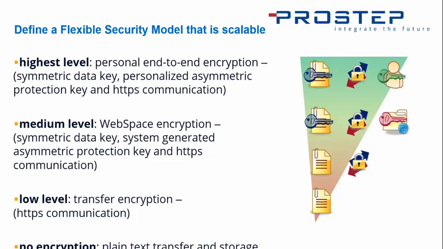Having a flexible security model that is scalable. Again, I had mentioned earlier that maybe some files you don't need any encryption whatsoever, but maybe tomorrow that changes, right? So how can I transfer that level of encryption and go to the next level without causing a restructuring of all of my data and processes?